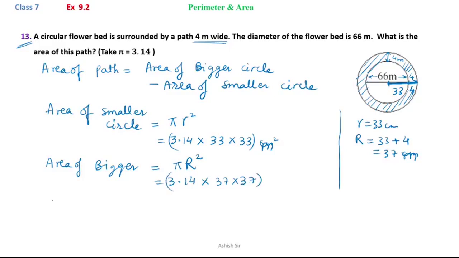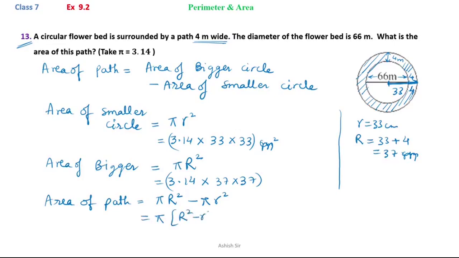Now to find the area of the path, we will write area of path is equal to pi r square, that is area of bigger circle, minus pi small r square. We can take pi as common here.